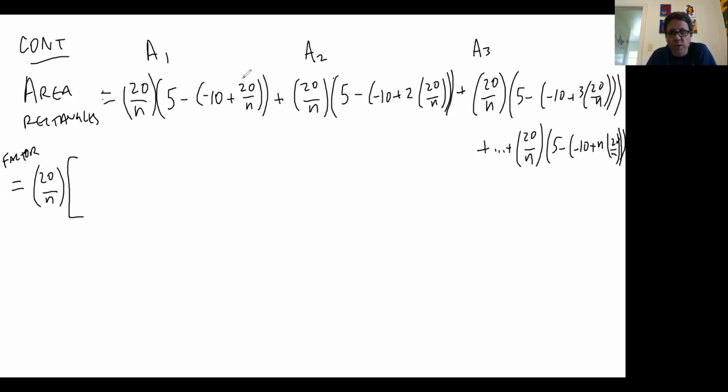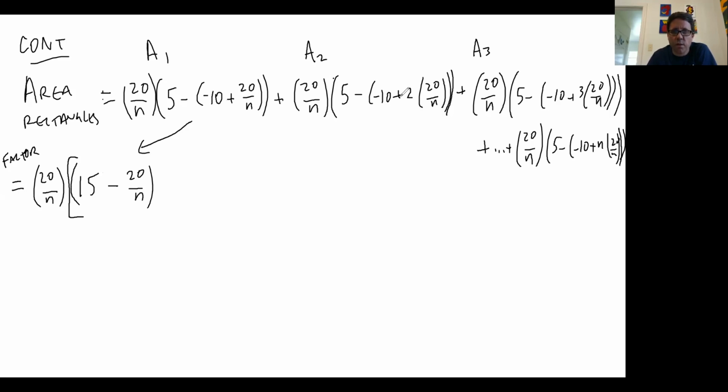I want to distribute this minus on all of these things because look what do I have? I've got 5 minus a minus 10, so that's 15. This is also 5 minus a minus 10, and this is 5 minus a minus 10, and this is 5 minus a minus 10. So if I just condense this down, I'll have 15 minus 20 over n. I distribute the minus, and then I put the numbers together to get 15.